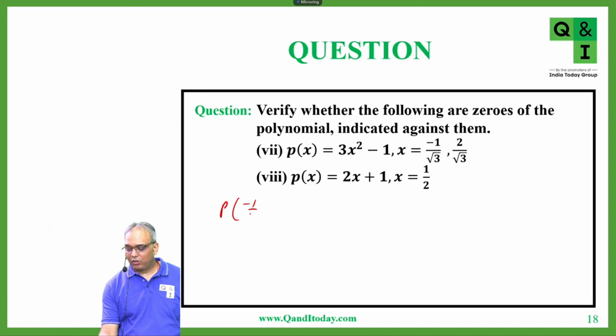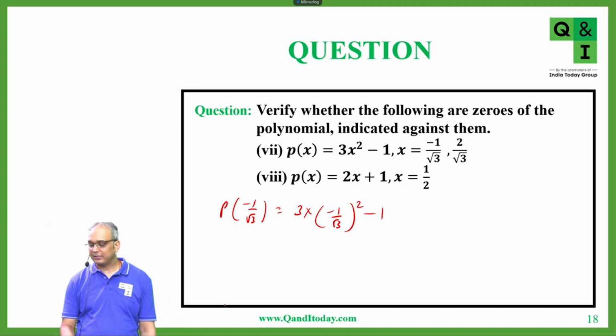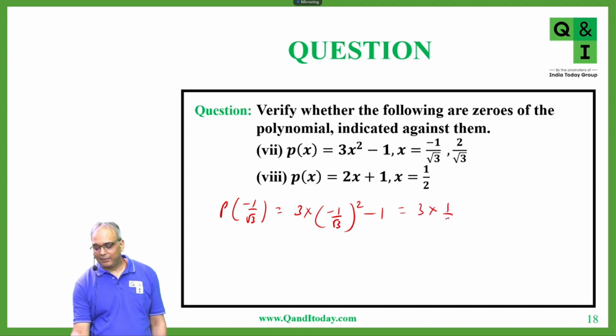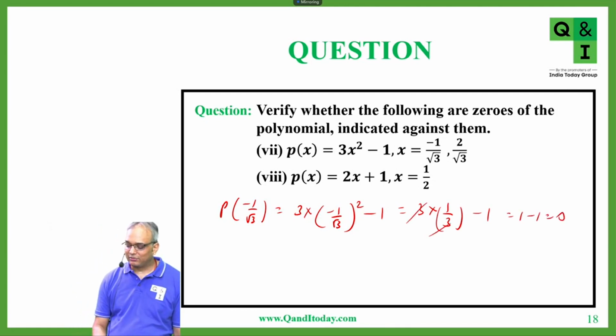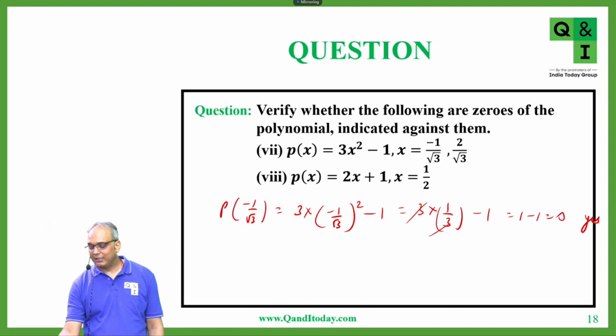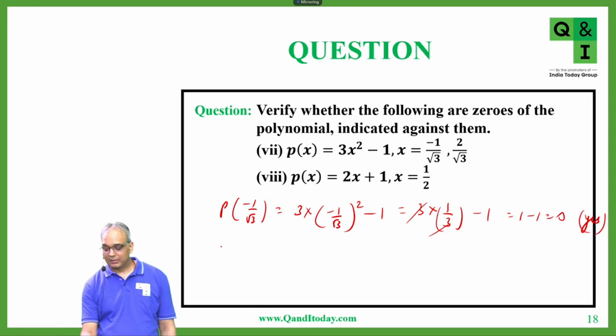So P of minus 1 by root 3 will be 3 into minus 1 by root 3 whole square minus 1, 3x square minus 1. So 3 times 1 by 3 minus 1. So this gone, 1 minus 1 is 0. So minus 1 by root 3 is a zero of the polynomial.